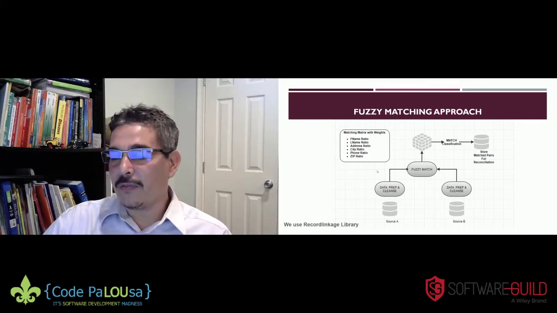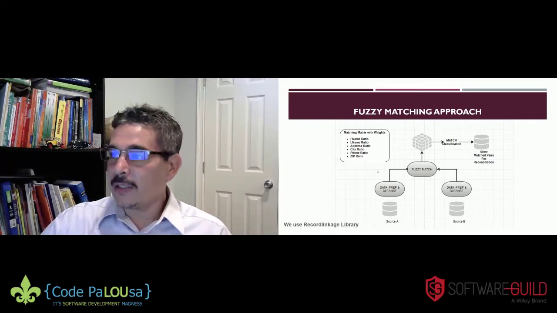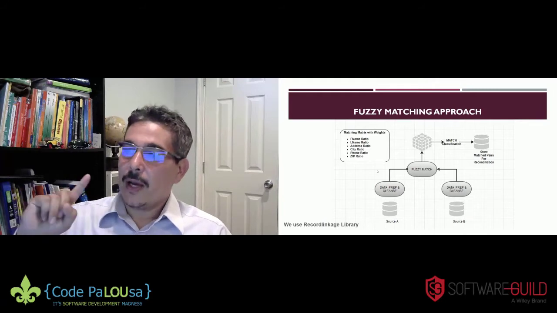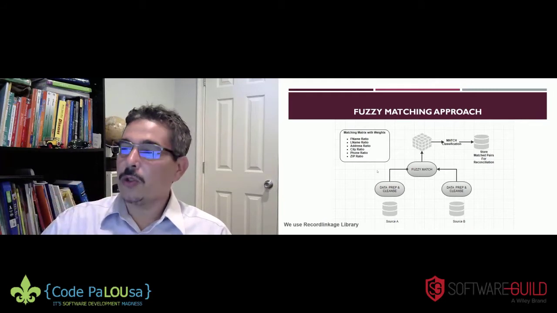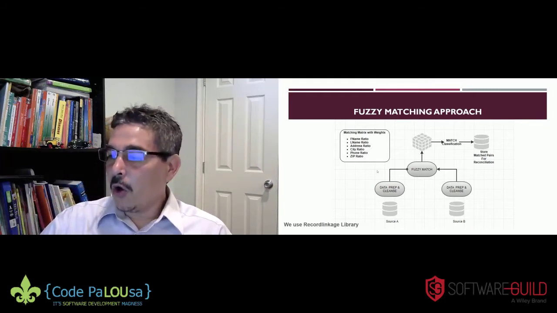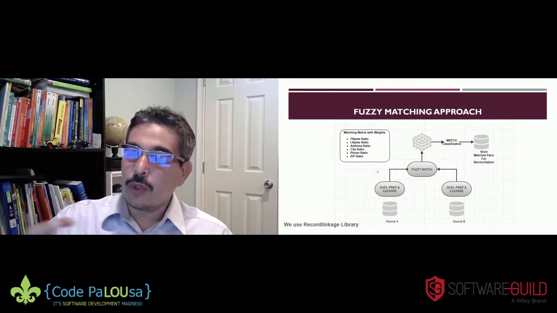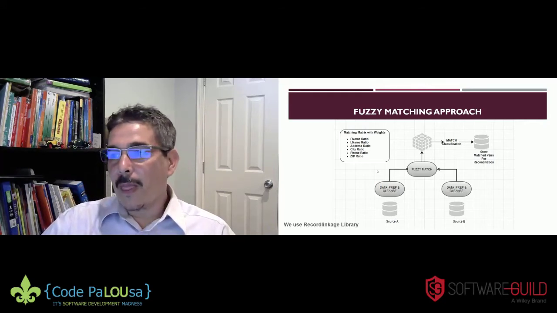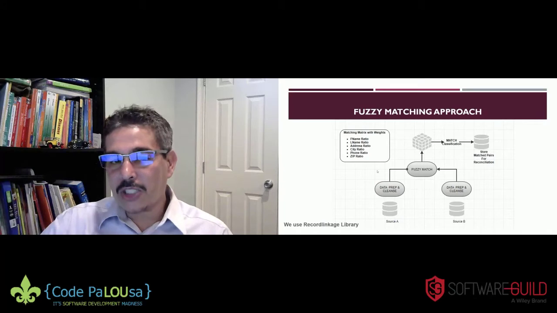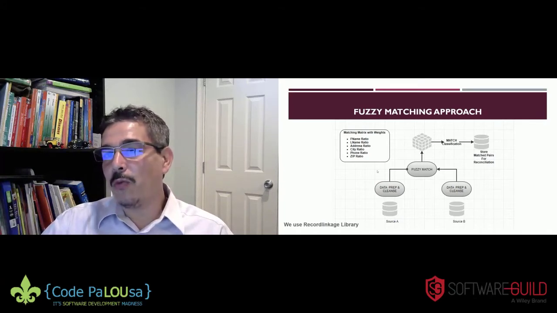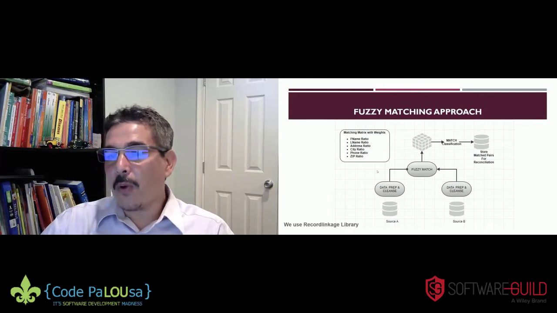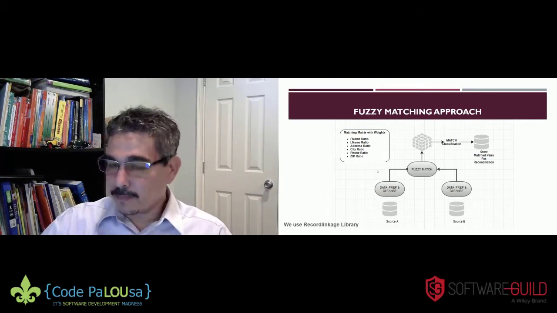We combine the first name, last name, address, date of birth, zip code, city, and all the information that we have, and then we try to figure out how much matching there is between the two. We also try to figure out the probability that both of them are a match.